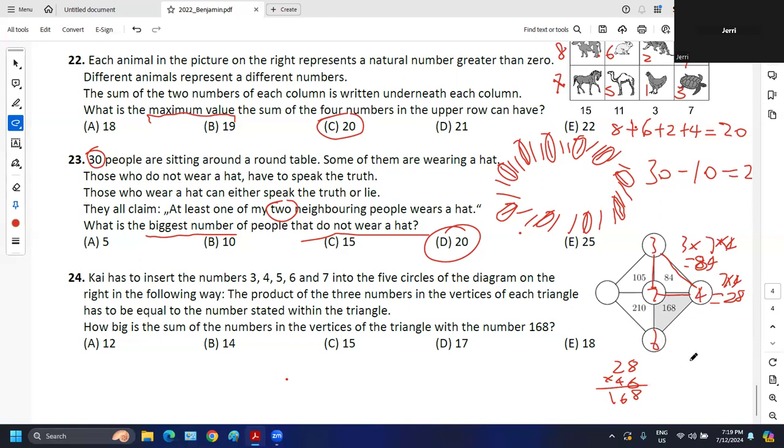Now we already figured out all of them, and this is the last number, so this would be 5. So 7 plus 4 plus 6 is 17, which means that D is the answer. Thank you for watching. See you next video. Bye!